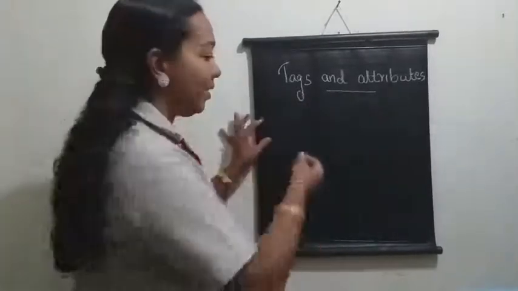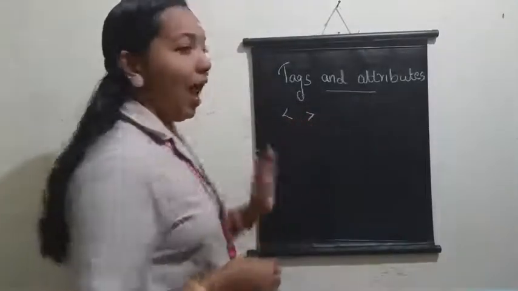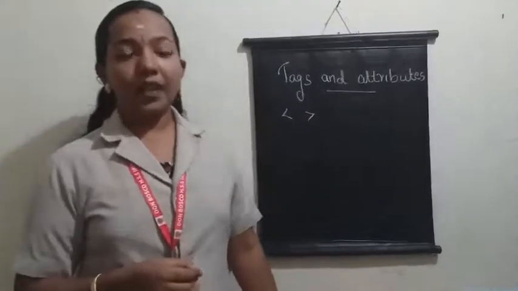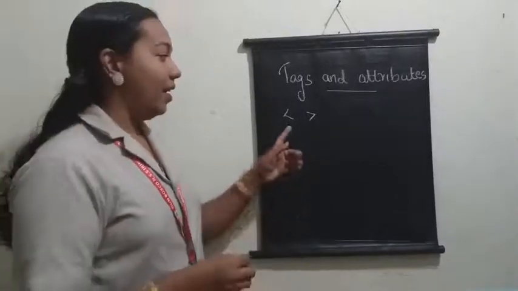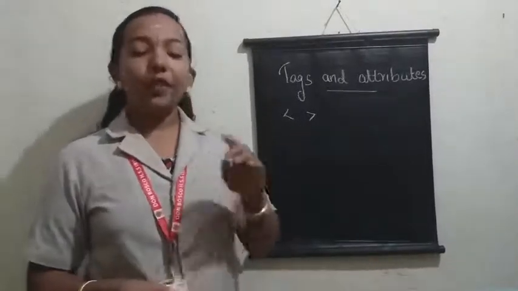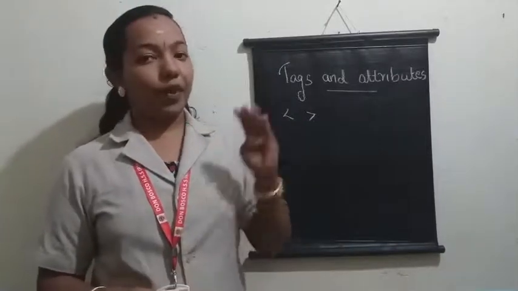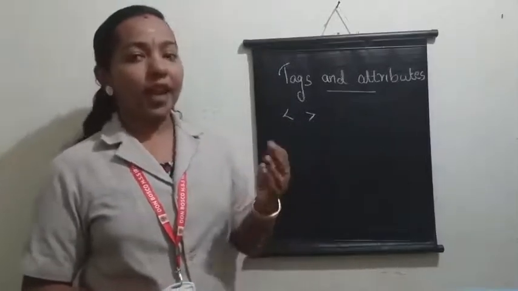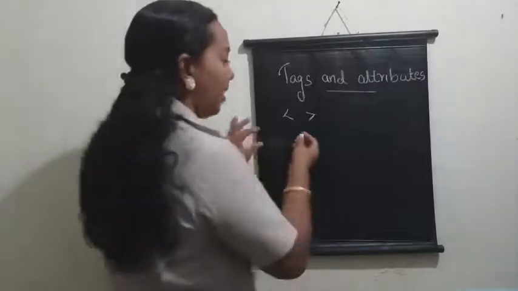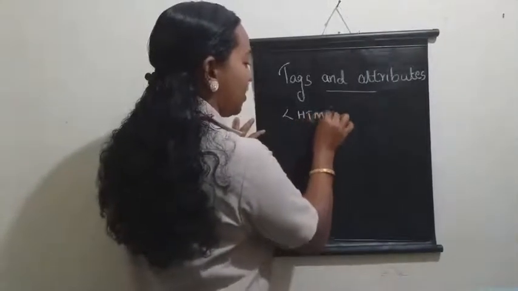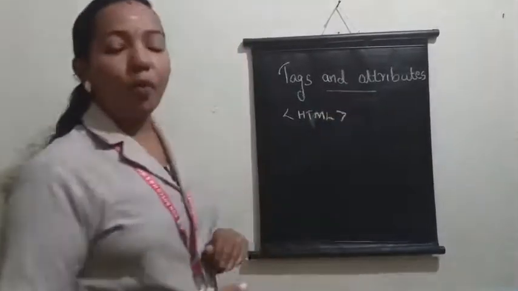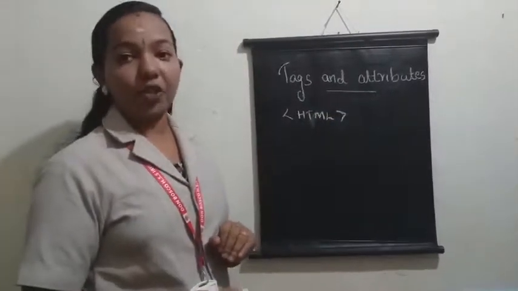Tags are enclosed between angular brackets. For example, we know the HTML tag from the previous video, so I will start with the HTML tag. The starting tag is <html>. This is the opening tag.